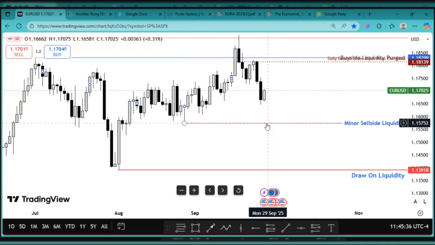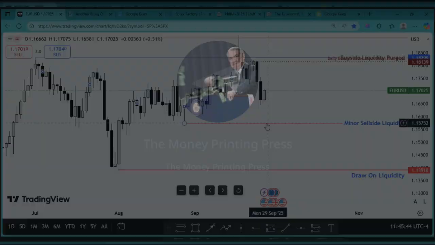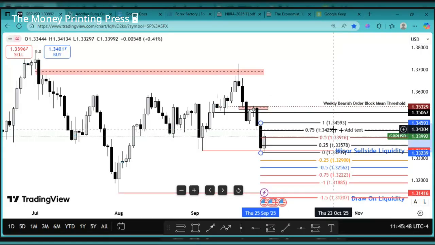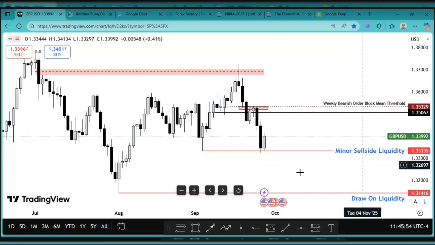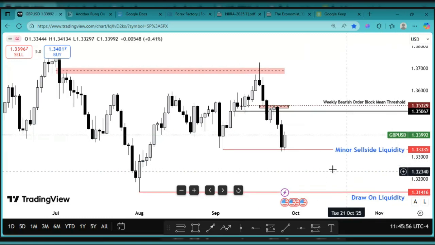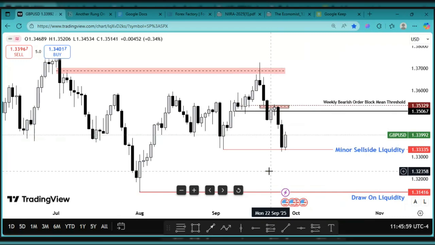Going into the new week, I hope to see price continue to trade lower, but this is not the video for the weekly outlook. So we go to see what GbpUsd did. We were also anticipating bearish price movement, and this one has been beautiful.